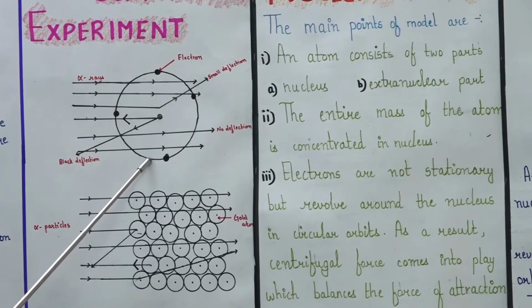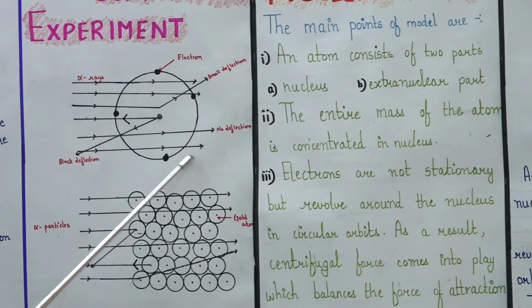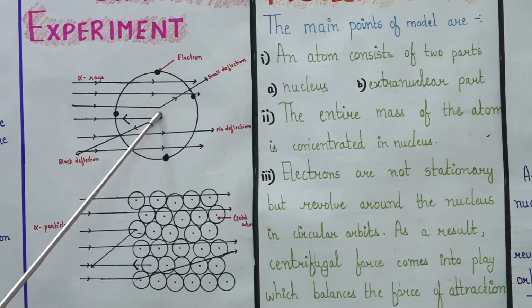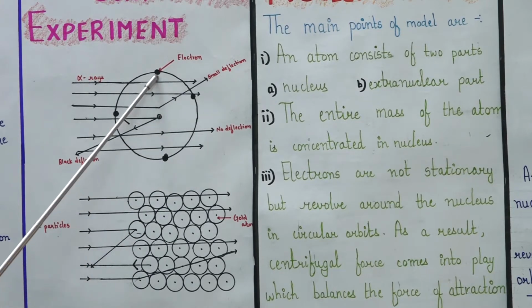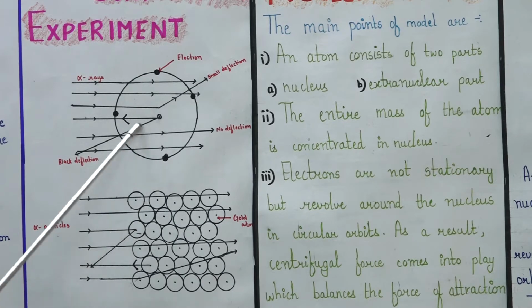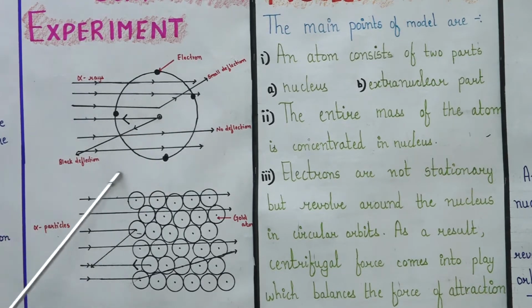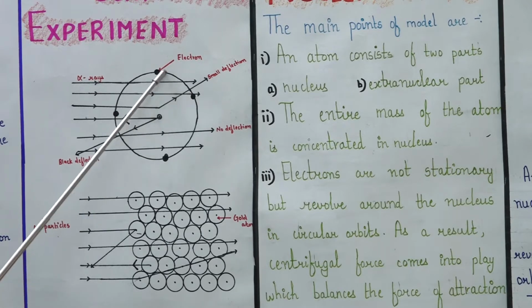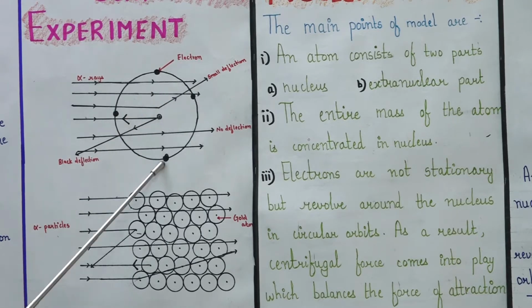As a result, centrifugal force comes into play, which balances the force of attraction. Thus, this model is similar to our solar system, where the nucleus is like the sun and the electrons are like the planets.